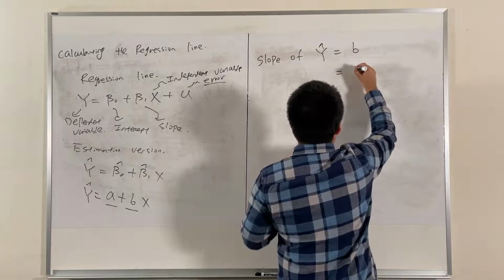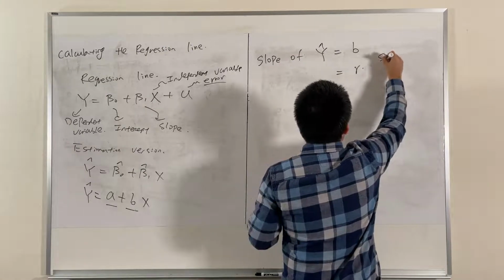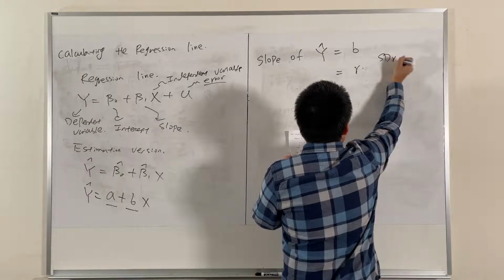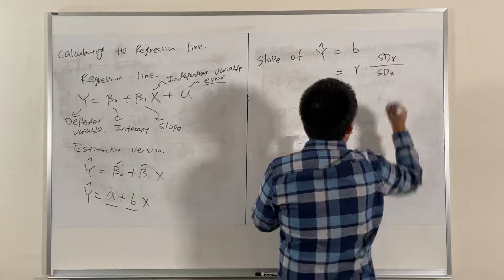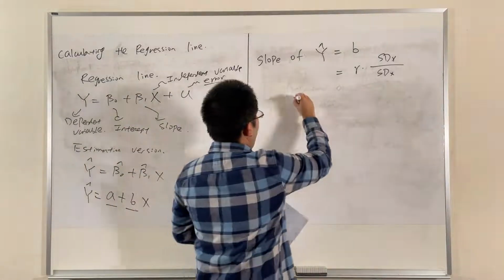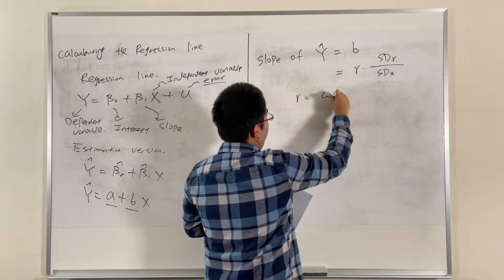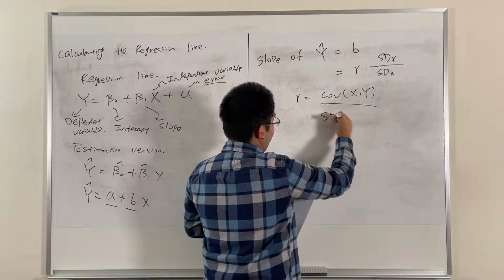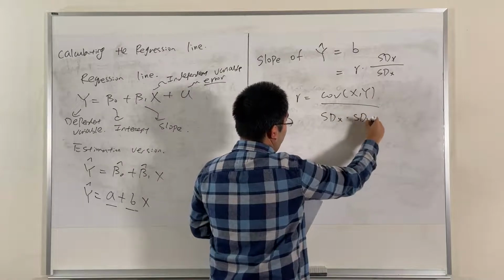This equals r times the standard deviation of y over the standard deviation of x. Okay. And what's r? R is our correlation value. So r equals the covariance of xy divided by the standard deviation of x times the standard deviation of y.